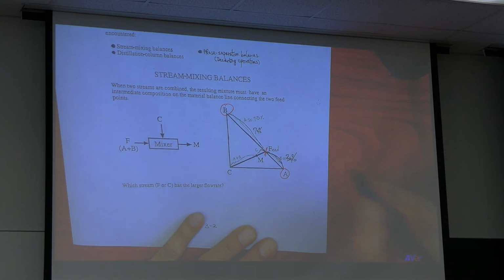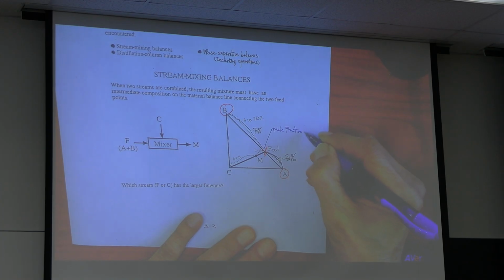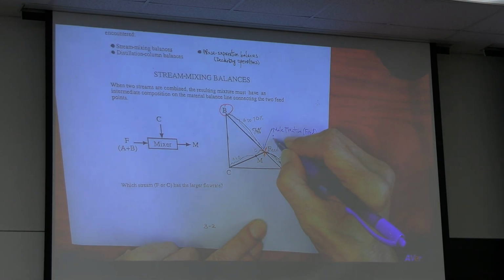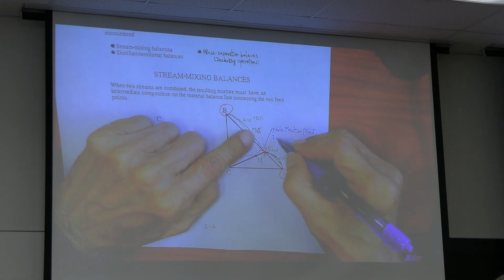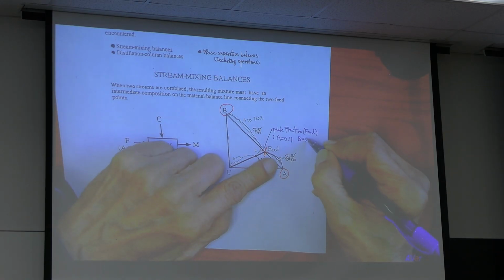In terms of mole fraction of feed, A 0.7, B 0.3.